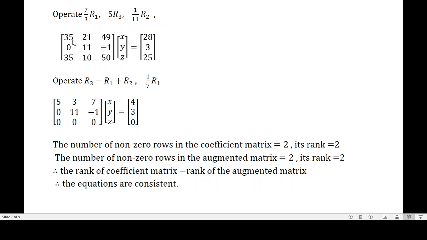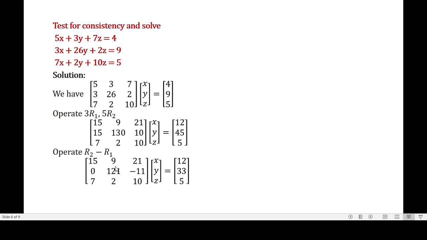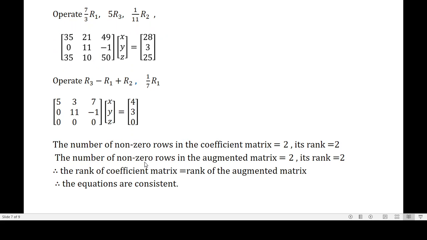So we have 7 by 3 R1, and the first element becomes 35. This is multiplied by 7 by 3, which is equal to 3 into 7, 21. Okay. And this is multiplied by 7 by 3, 7 by 3 into 21, so 7 into 7 is 49, right?